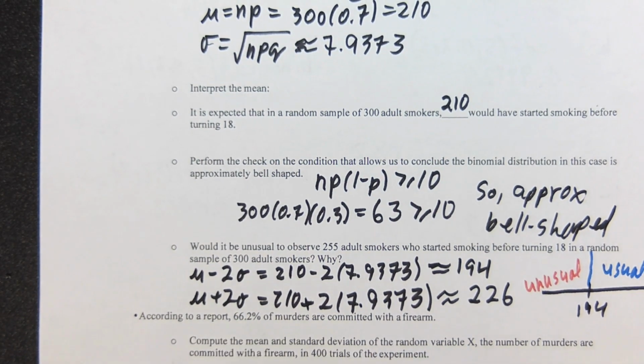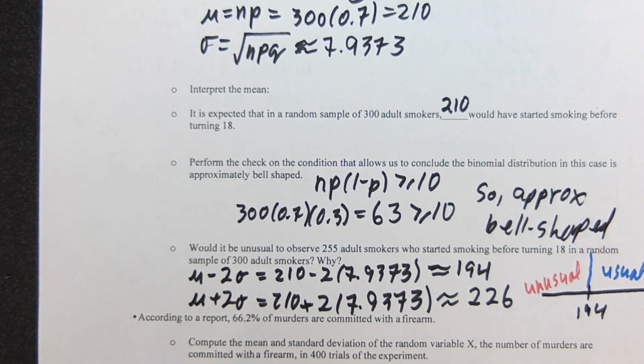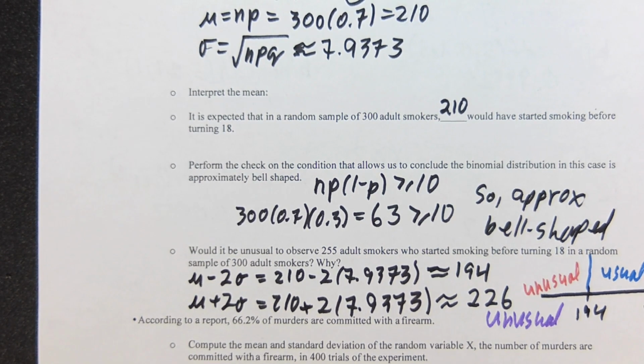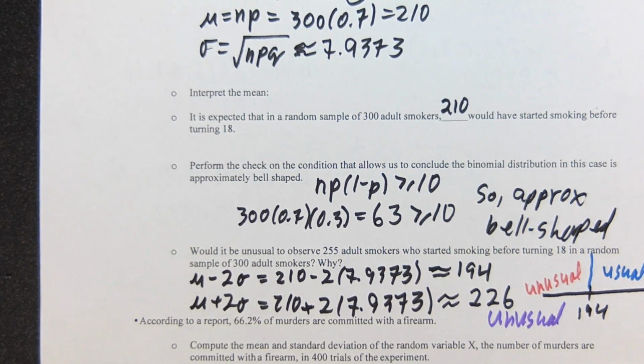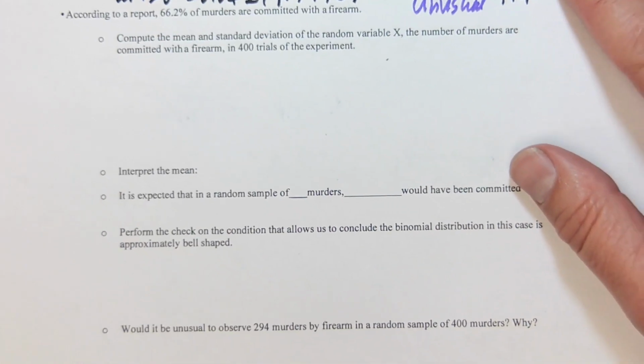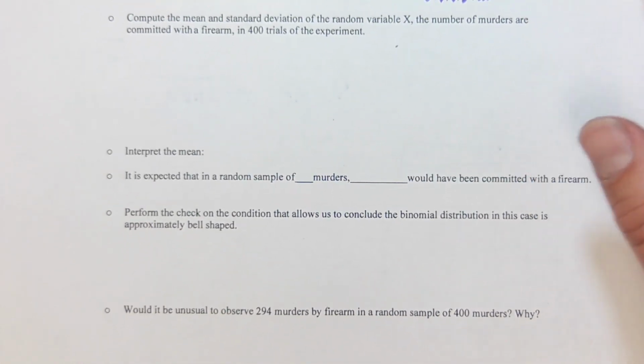And 255 is way out here. So the answer is unusual, because that's way outside my usual range. And I'm going to leave this one for you to do. It's very similar to this one here, so go ahead and take a few minutes and go through the second one here and see what you get.